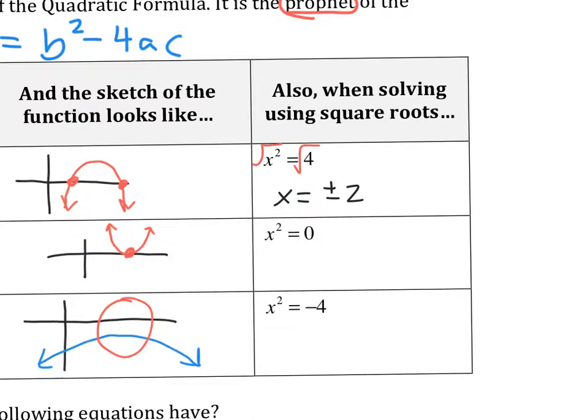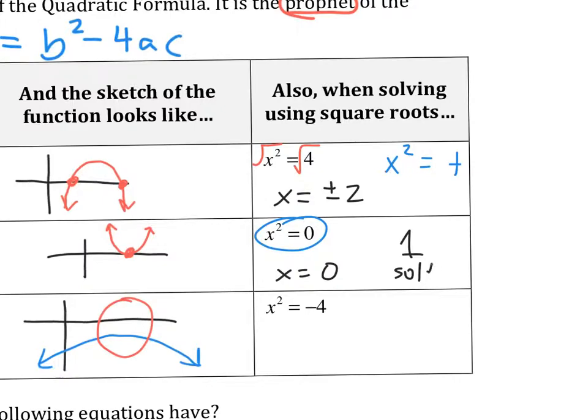So if your x squared is positive, we have 2 possible solutions, a positive version and a negative version. If your x squared is 0, if you take the square root of both sides, you get x equals 0. Notice that 0 cannot be positive nor negative. Because of that, if x is 0, then we have one solution.